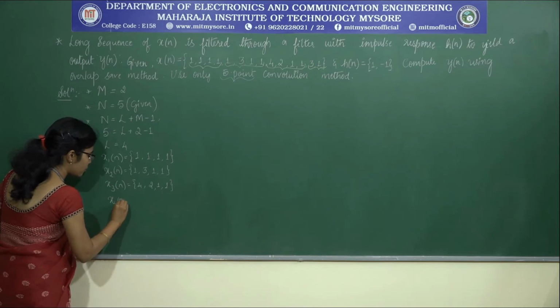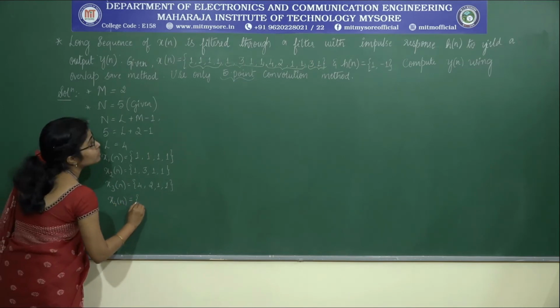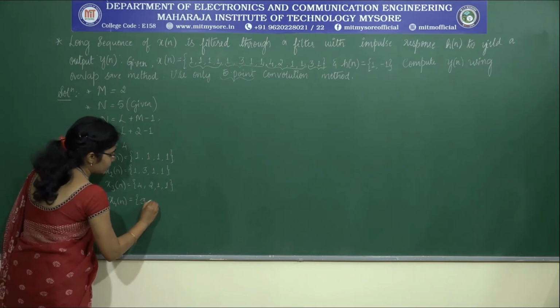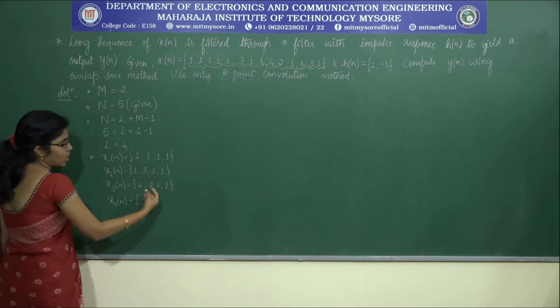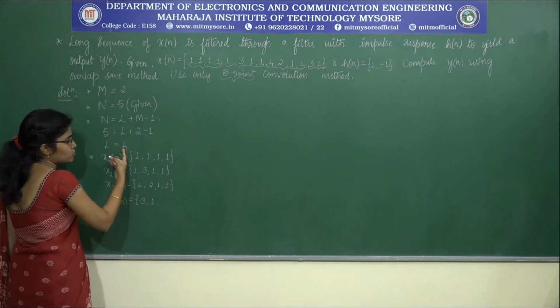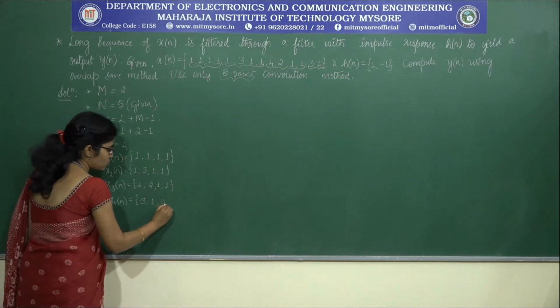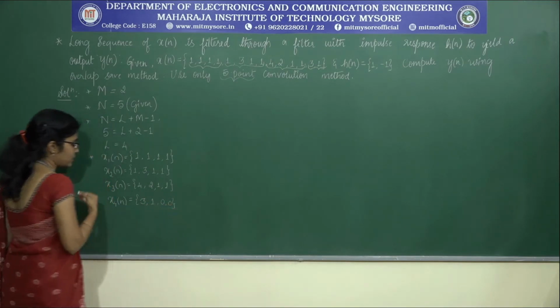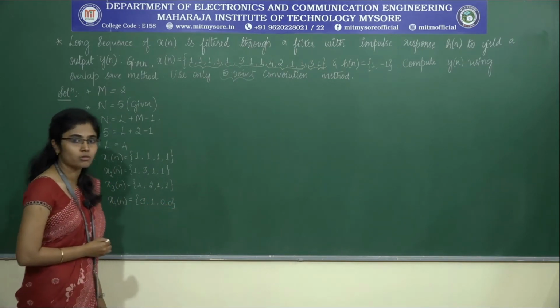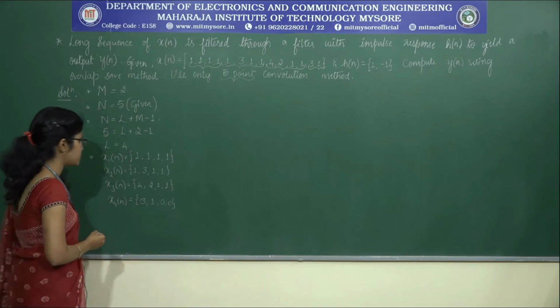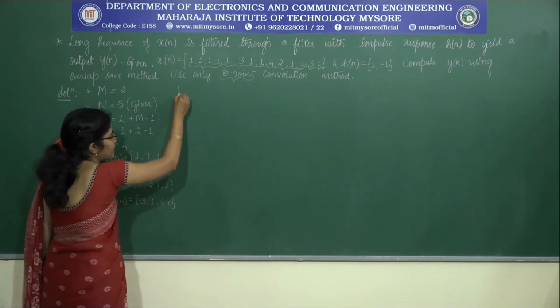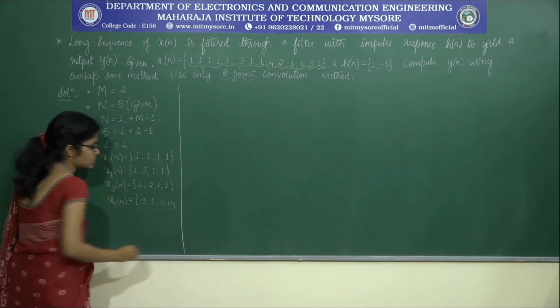Finally, x4 of n is equal to 3, 1. Since all the lengths should contain 4 samples, I will append 2 more zeros so that x4 of n also contains 4 samples. Now dividing and tabulating the subsequences is done.